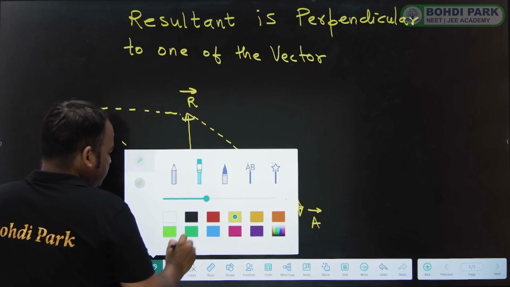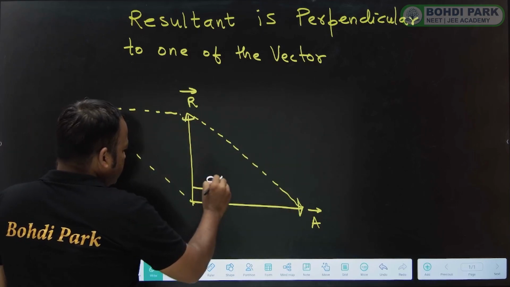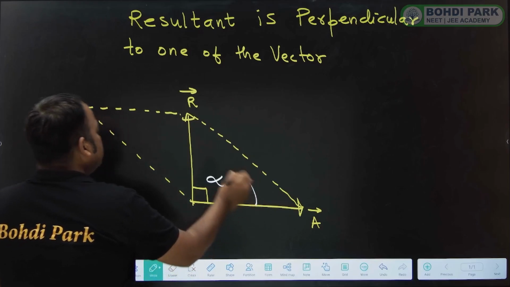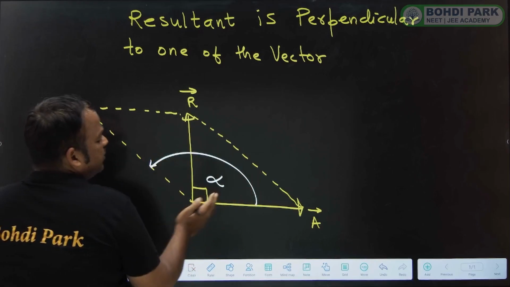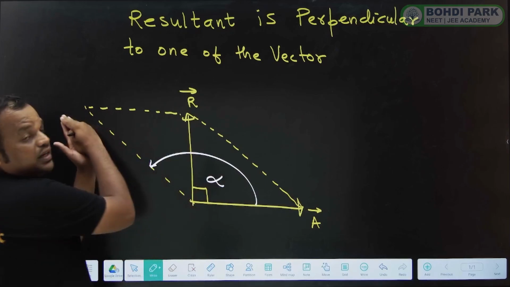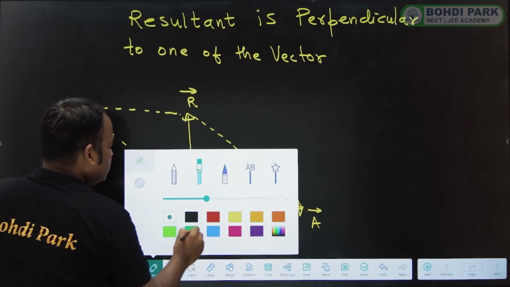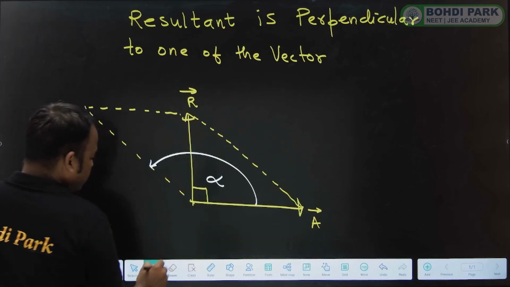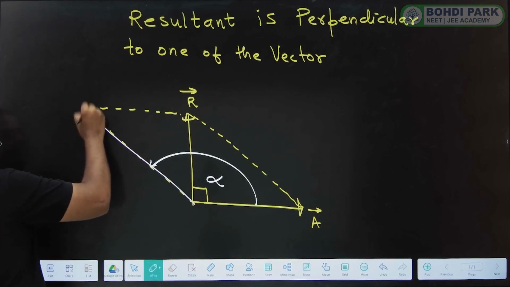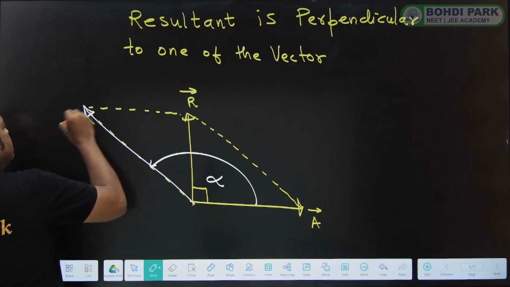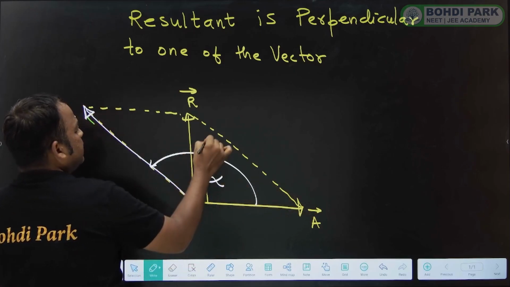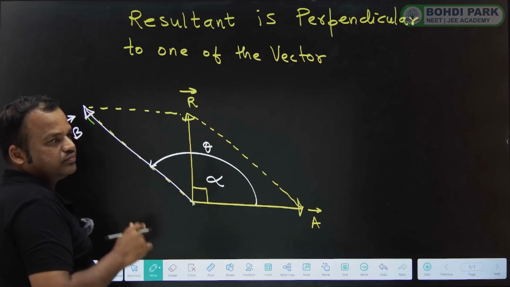In parallelogram law, we denote this angle by alpha, and we denote the angle between A vector and the other vector, that is B vector, by theta. So the angle between A vector and B vector is theta.